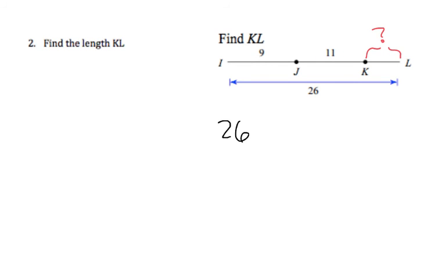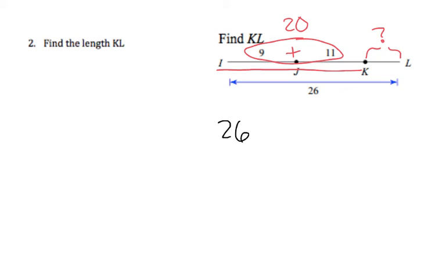So what do you think we should do with those two pieces? Hopefully, I'm hearing you right, and you're saying add them. Yes, we should add them. So 9 plus 11 gives us 20. All right, now, if we know that from I to K is 20, and that the whole thing is 26, how could we figure out what KL is?